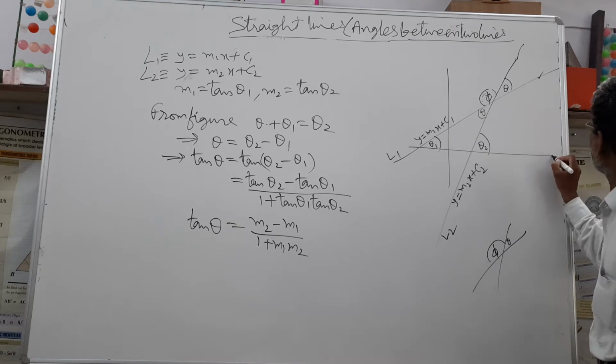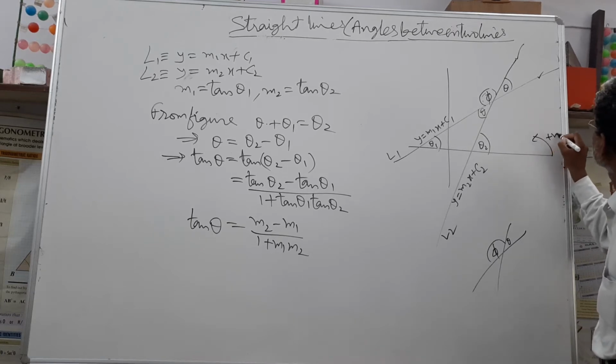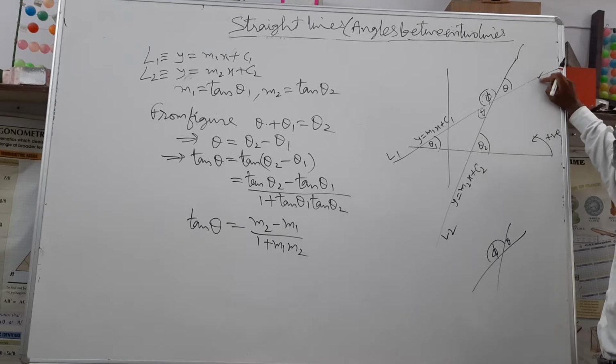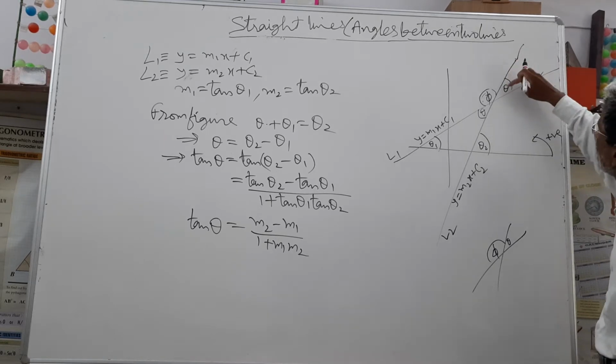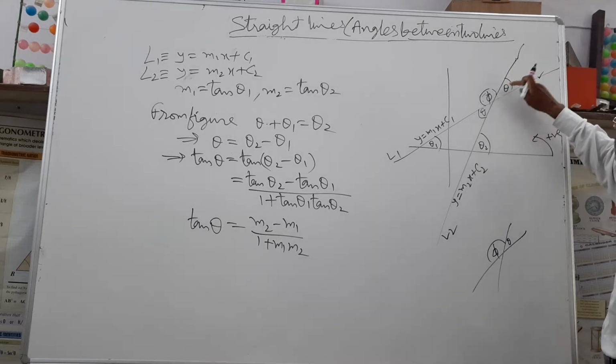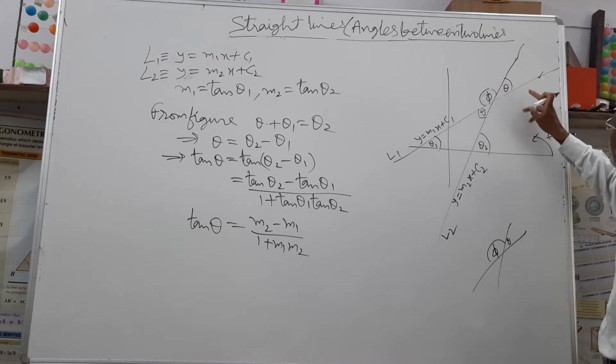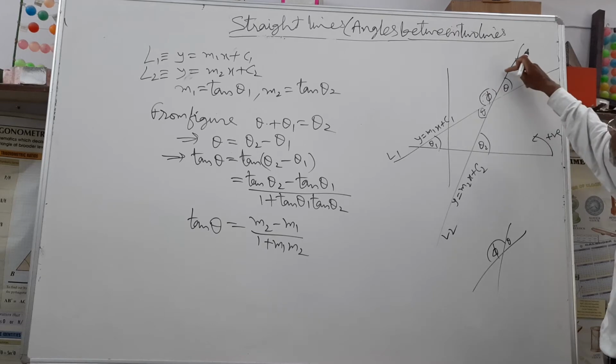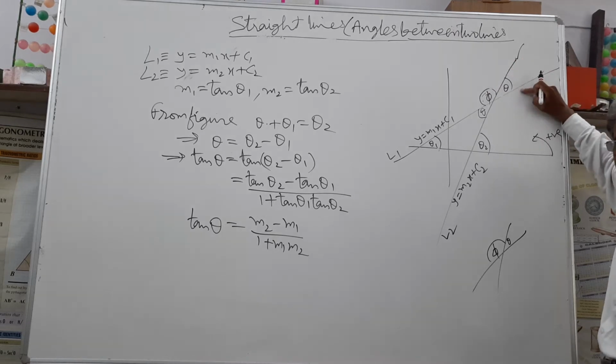This is your positive rotation. From the first line to the second line, angle theta is here. For this angle, if you travel in the positive direction, this is the second line, this is the first line.